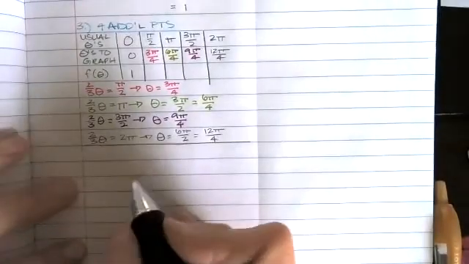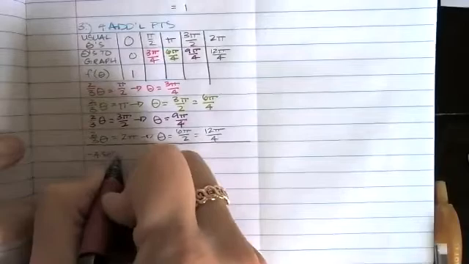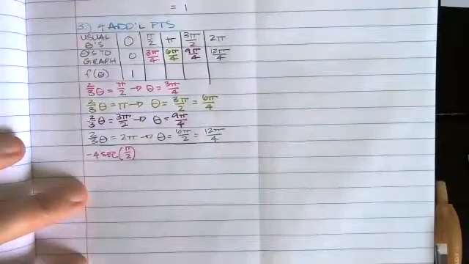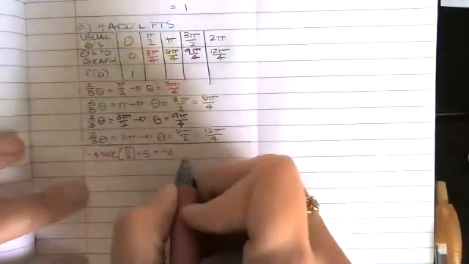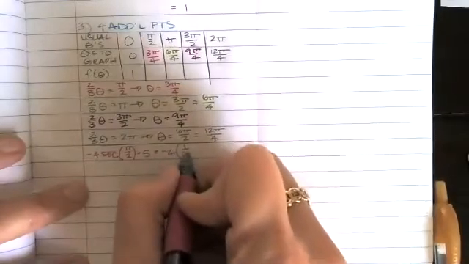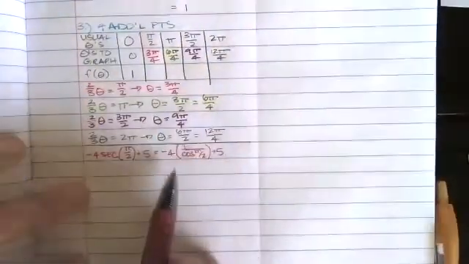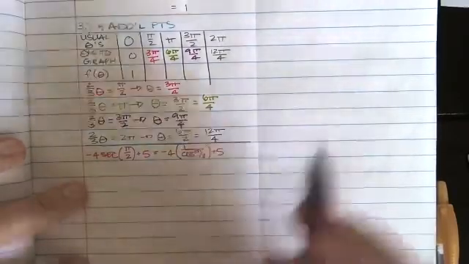Okay, so we have our function is negative 4 times the secant of pi over 2 plus 5. So notice this is negative 4 times 1 over the cosine of pi over 2 plus 5, but the cosine of this angle that's entirely on the y-axis will be 0. So we'll have a vertical asymptote here.